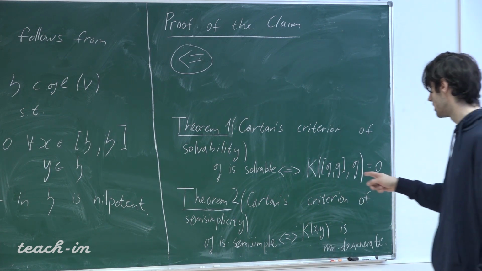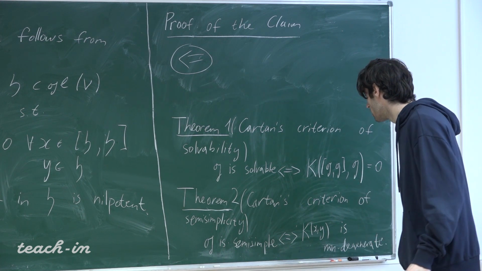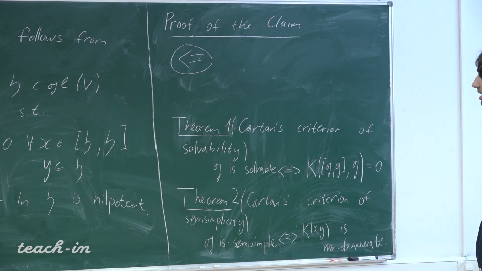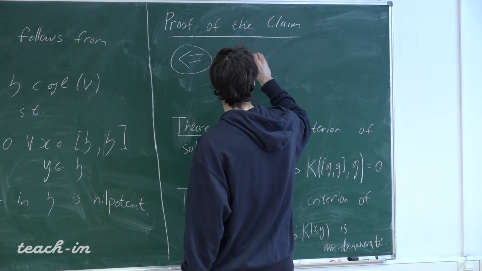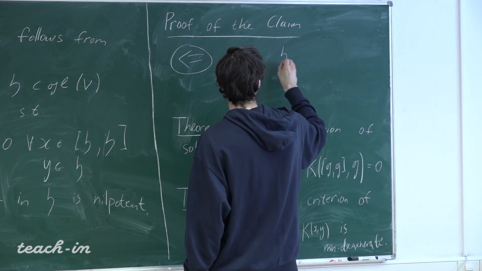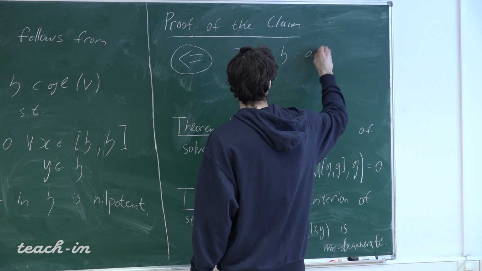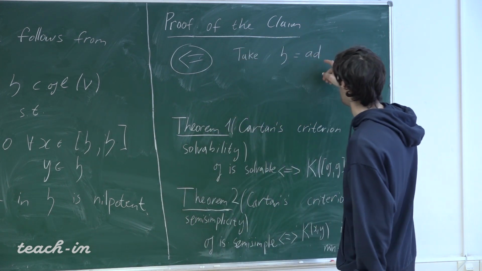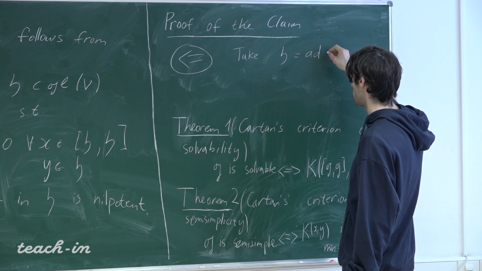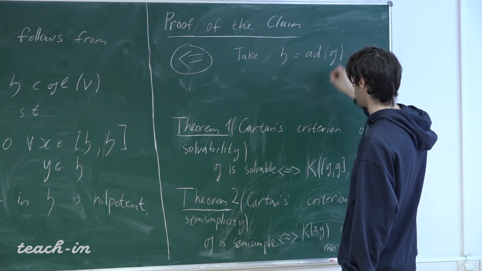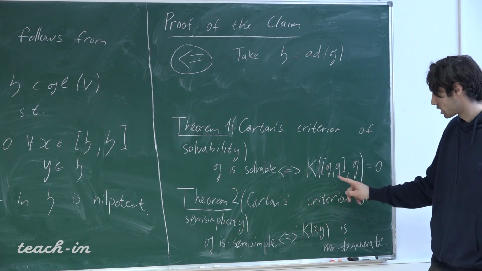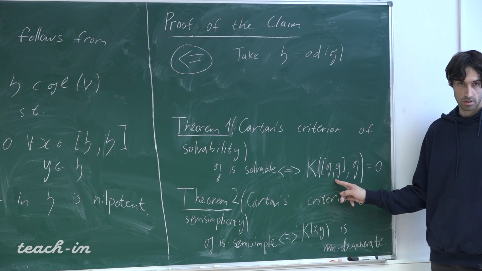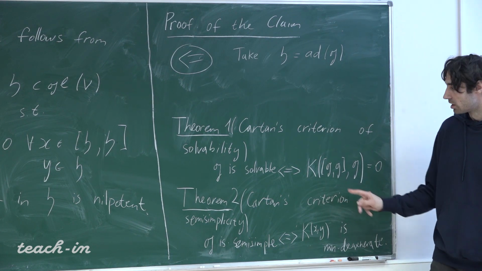So if I have this, let me take h to be the image of the adjoint representation of G. Then, since we're proving this direction, we assume this.